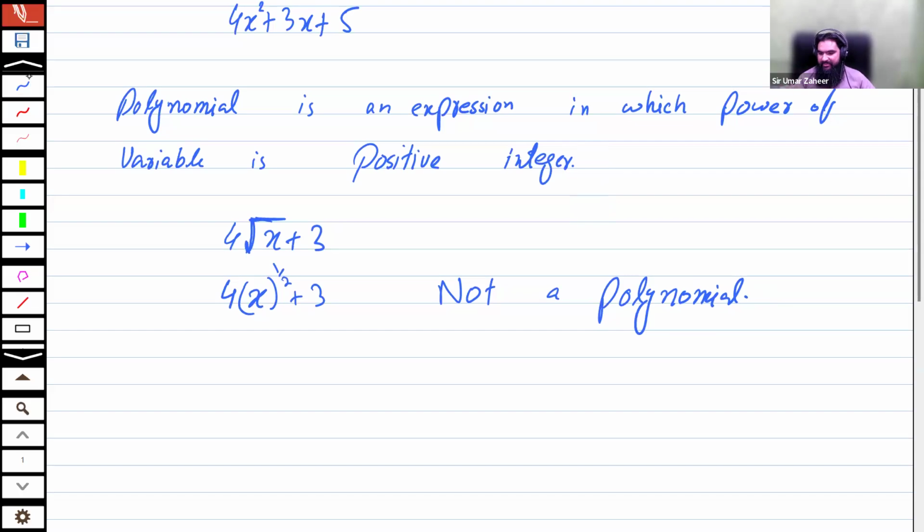Let's take another example. You have 3x cube plus 5x plus 7 over x plus 3. Is it a polynomial or not?